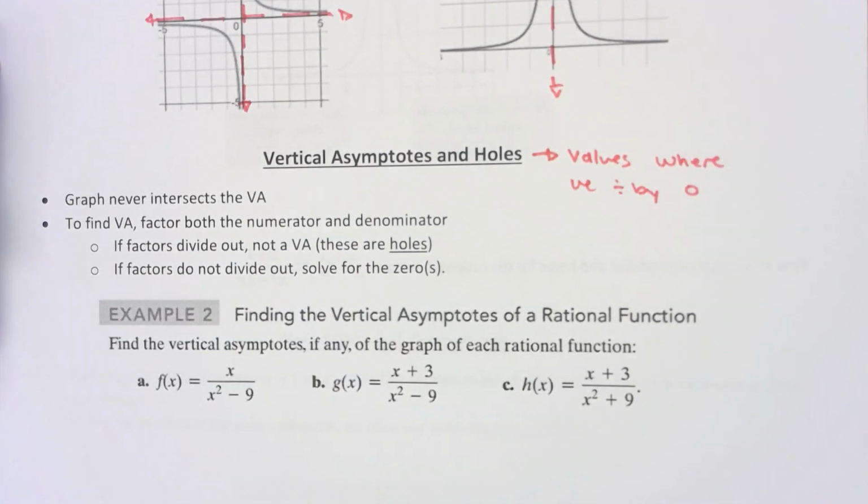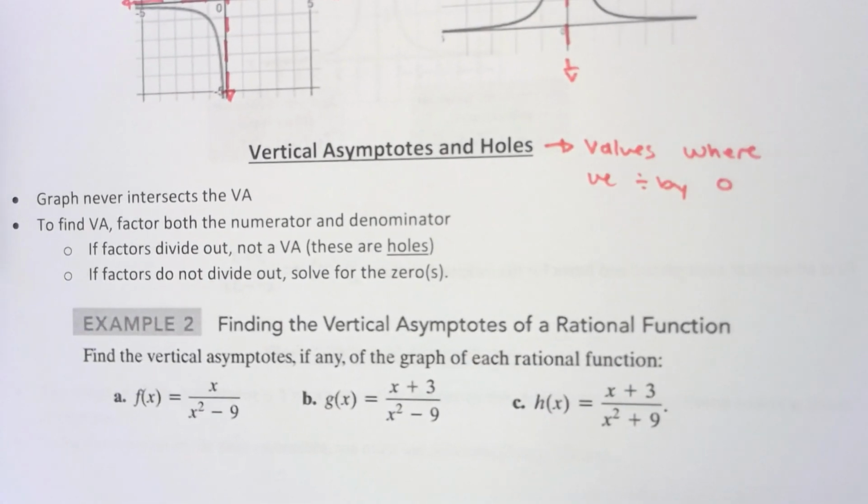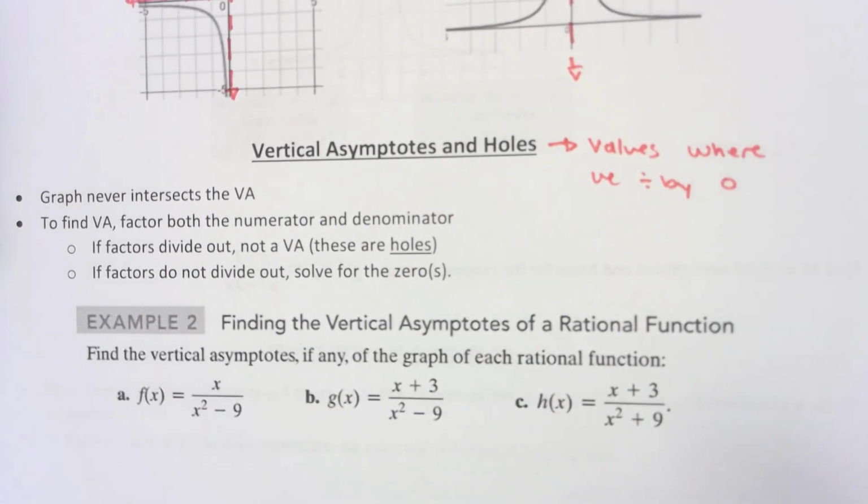Okay, so when we divide by 0, that's an error in the algebra. And as a graph, it shows up as what's called a discontinuity. Okay, and that discontinuity can either be a vertical asymptote or it can be a hole.